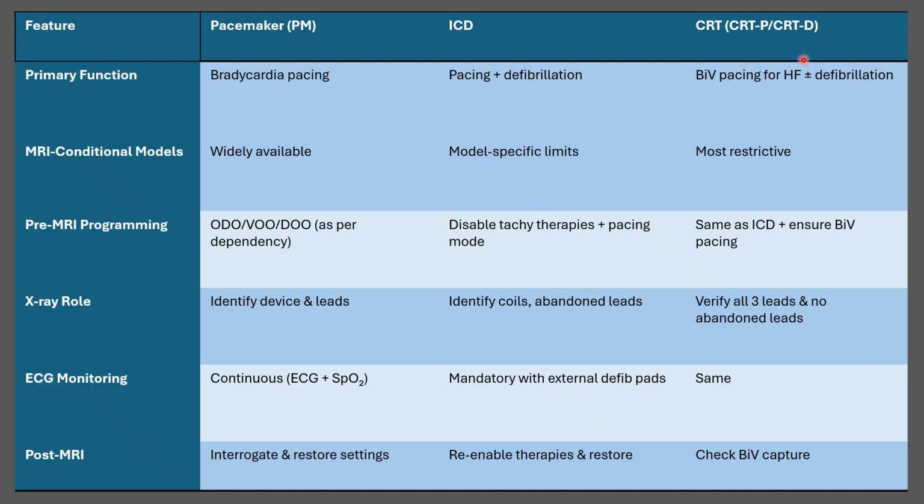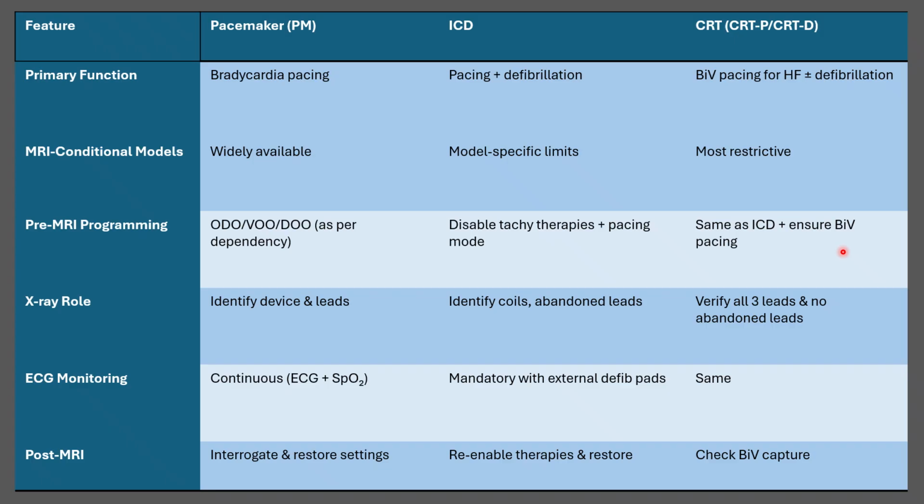Cardiac resynchronization therapy, or CRT, functions by ventricular pacing for heart failure, plus defibrillation or without defibrillation. It's the most restrictive type, and it needs to be checked before shifting the patient to MRI.